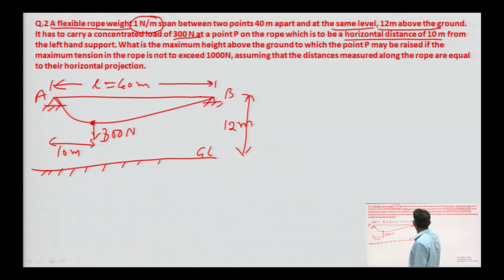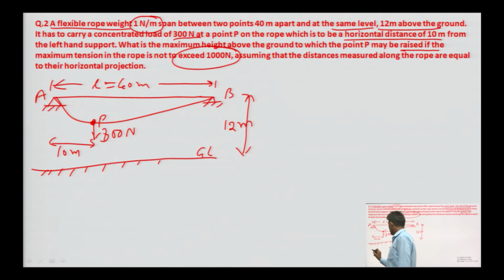What is the maximum height above the ground to which the point P may be raised if the maximum tension in the rope does not exceed 1000 Newton?